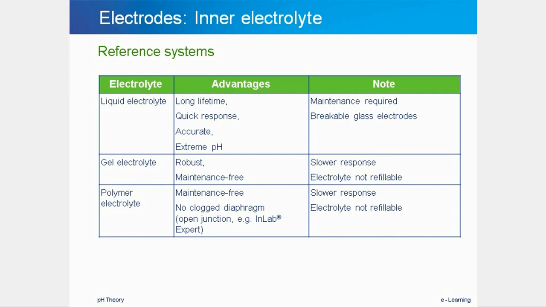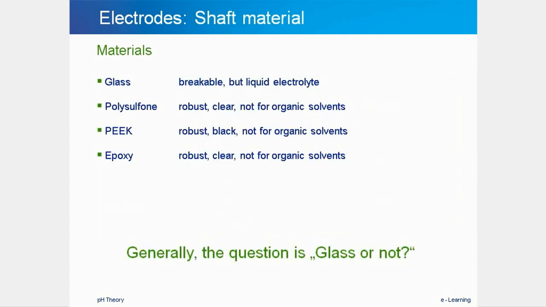But because of this, the electrode is robust too. The disadvantage of the gel electrolyte is that the electrode responds slower than for the liquid electrolyte, as it doesn't flow that fast. The third alternative is a solid electrolyte, which is also slow and cannot be refilled. This then also means that the electrode is maintenance-free and disposable, but that the diaphragm cannot be clogged up.